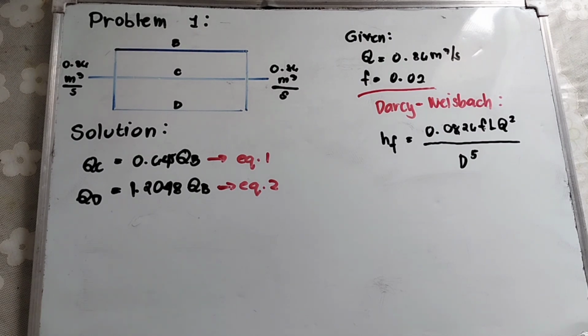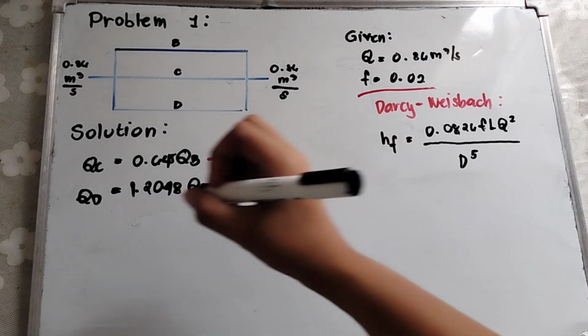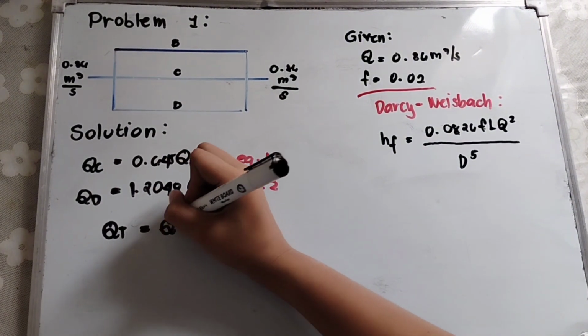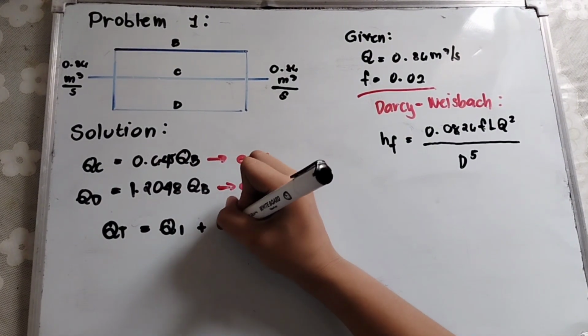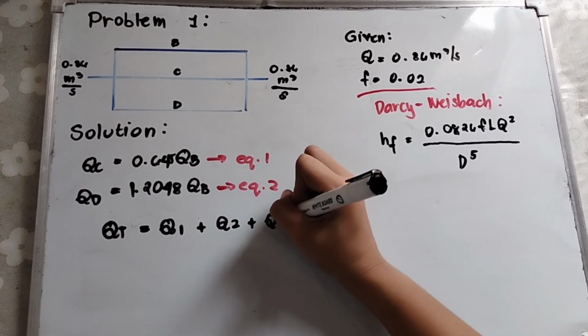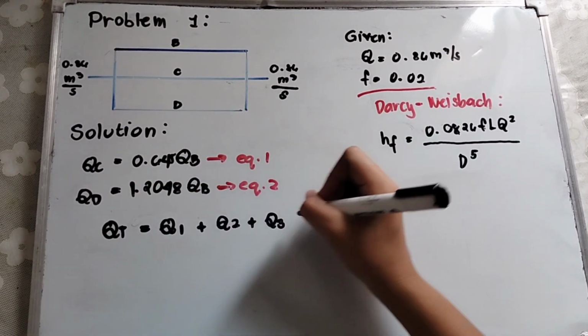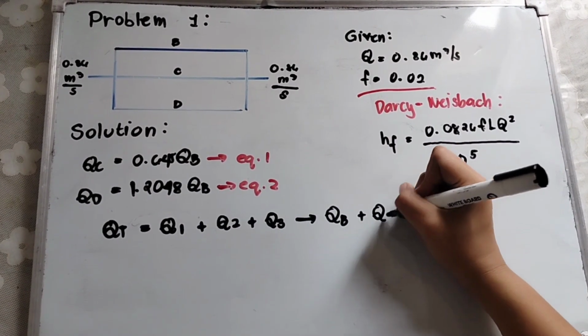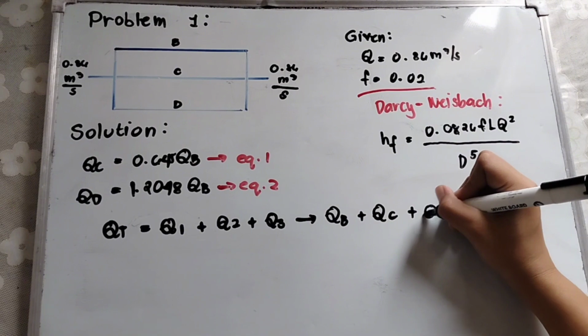Since we now have our two equations, we can now proceed to using our general formula, which is the total discharge equals Q1 plus Q2 plus Q3. Or in terms of our problem here, we can say that QT equals QB plus QC plus QD.